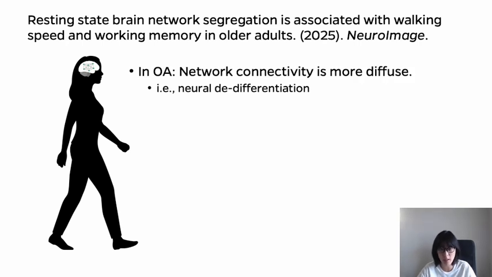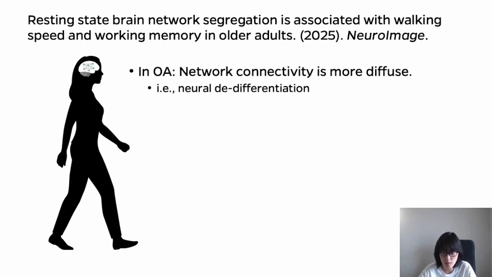So I'd like to give a little background to orient you to the data a little bit better. So we looked at resting state brain network segregation in older adults because in aging, we know that network connectivity is more diffuse or more spread out.